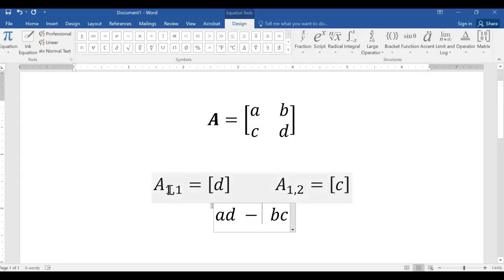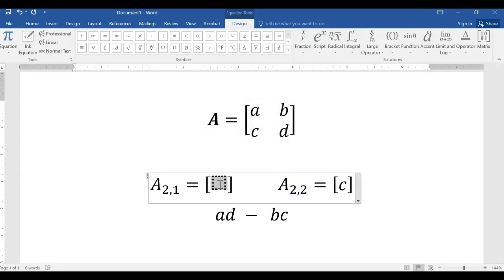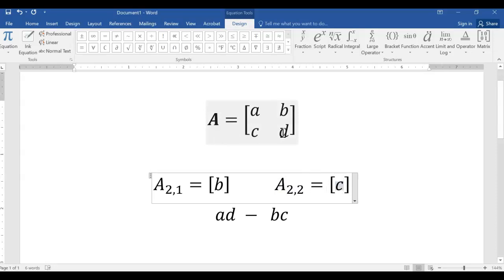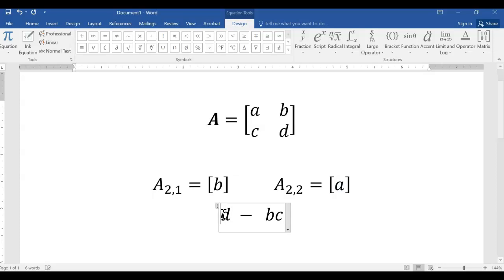Now let's do that for the second row as well. If we did that for the second row, A21 and A22. Okay, so if I eliminate row 2, column 1, I end up with a B. If I eliminate row 2 and column 2, I end up with just an A. Now again, notice something.